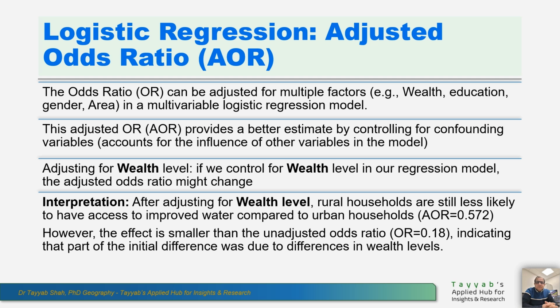If we adjust for wealth level, for example, if we control for wealth level in our regression model, the adjusted odds ratios might change for the other variables.